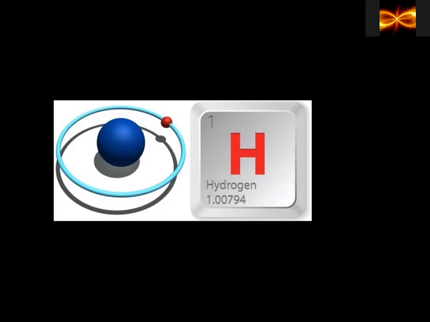In the top left corner of this picture, though it's usually found in the center, you have the atomic number. This is the only number that you need to be concerned with, okay?